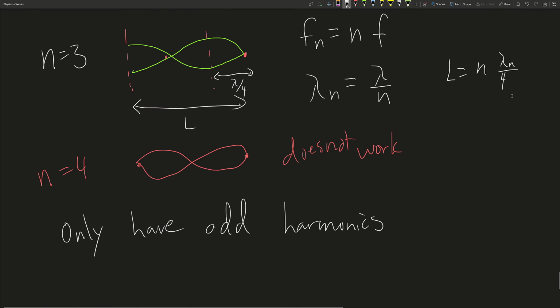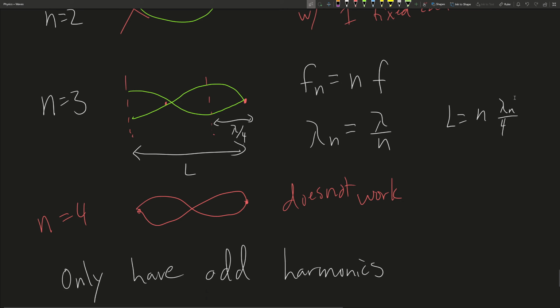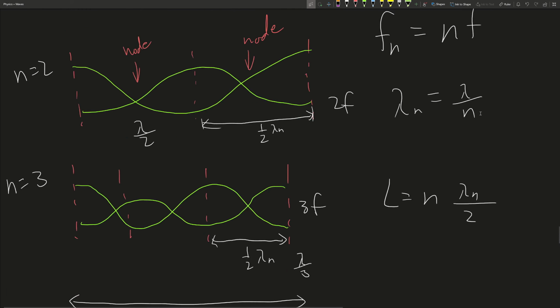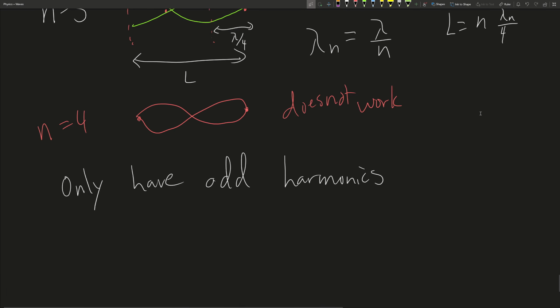So the third harmonic is 3 times 1/4 of the wavelength of the third harmonic. So the total length is going to be n times the wavelength of the nth harmonic divided by 4 instead of 2 as in above. And so those are how harmonics work on things with 2 free ends, 1 free end, and 2 fixed ends.